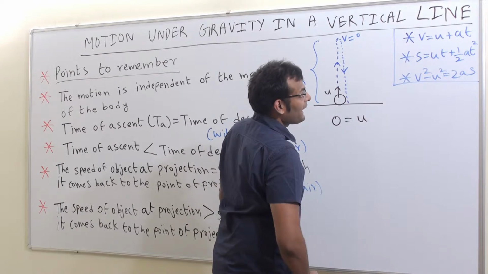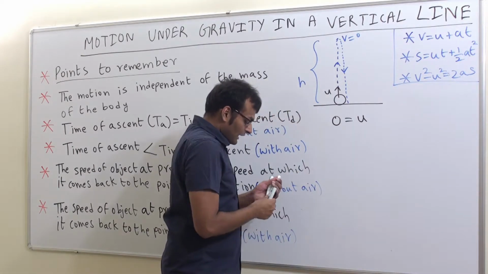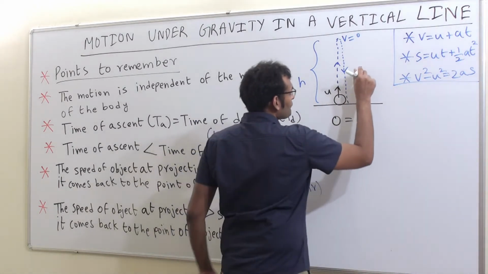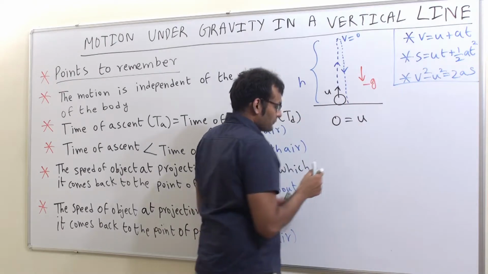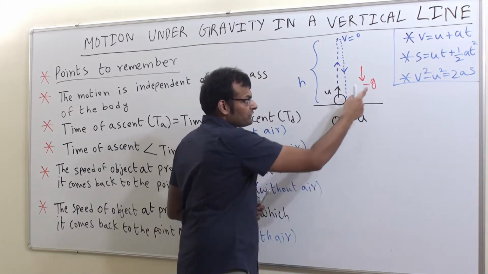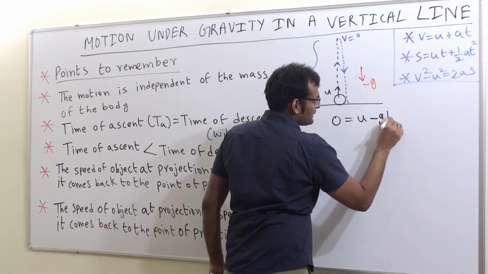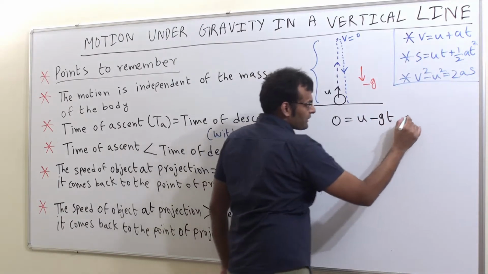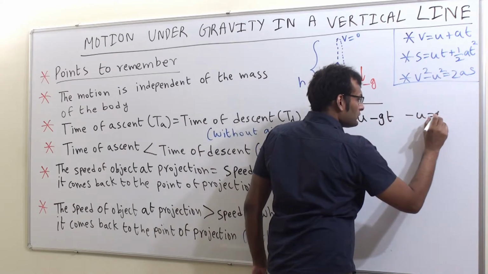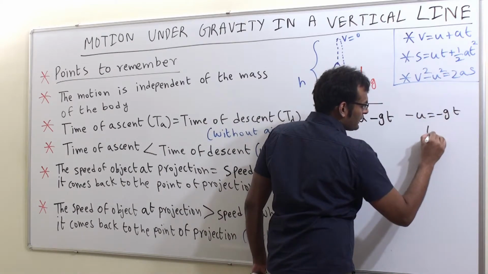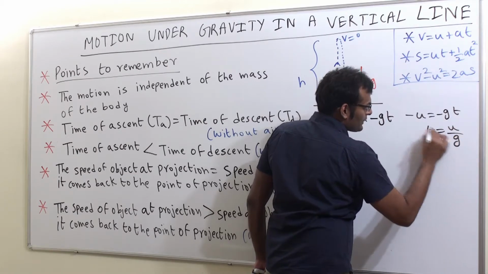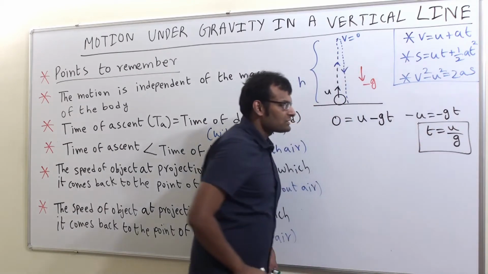Then what is a? As you can clearly see, a is always acting downwards, so it's minus g. Substituting these values, you get minus u is equal to minus gt. So t is u by g.